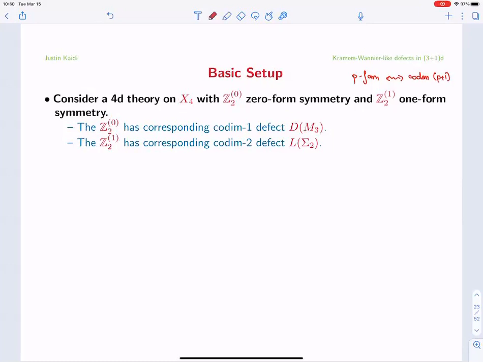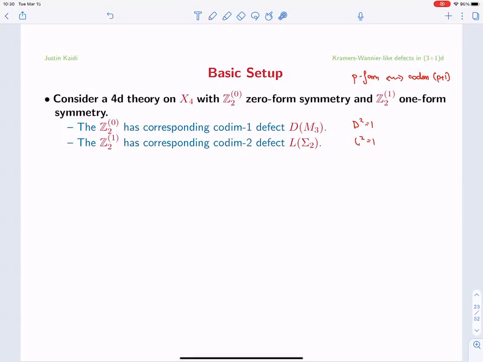And this D should generate the Z2, so D squares to 1. Now, the Z2 one-form symmetry will also have a corresponding defect, which is now codimension 2. I'll call it L, and L will also square to 1. Again, it generates the Z2.